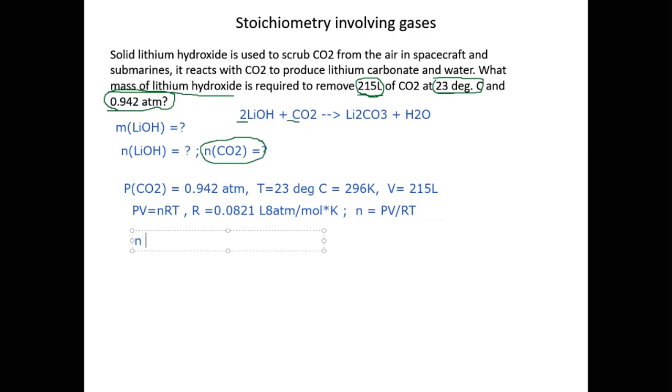So moles equals P times V divided by R times T. And again, this will be the moles of CO2.